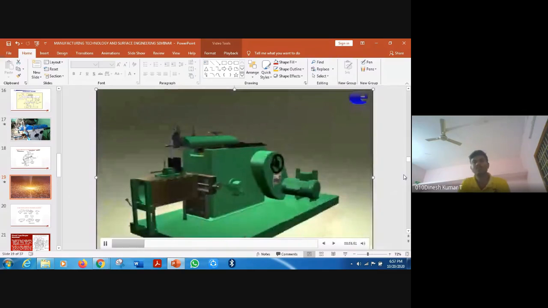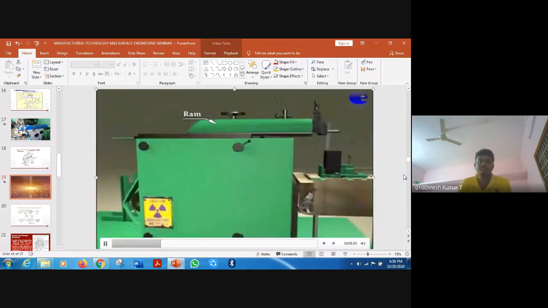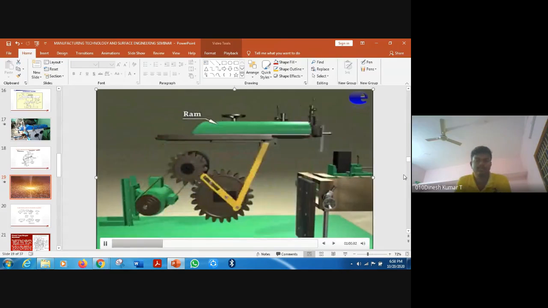Let us see the main parts of the Whitworth mechanism: work piece, tool, ram, base, table, ram, pinion, crank pin, crank plate, bull gear, connecting rod.